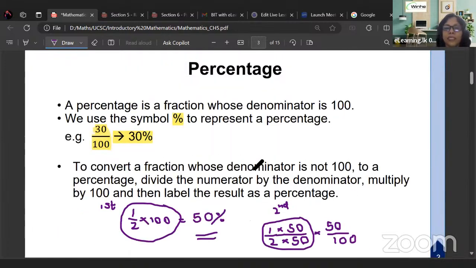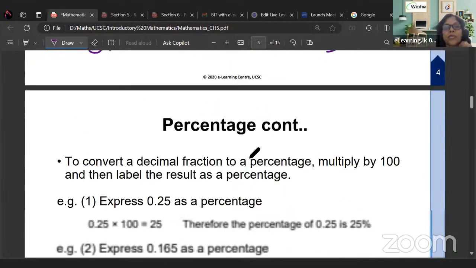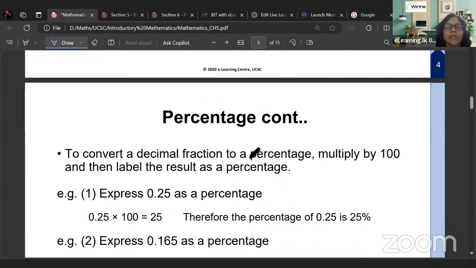Here you can see the same thing we are doing. If you want to express 0.25 as a percentage, you can multiply it by 100, then write it with the percentage symbol. 0.25 is 25%.